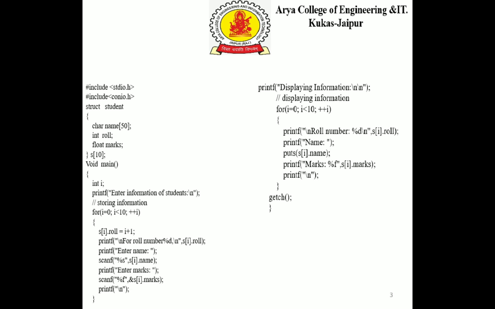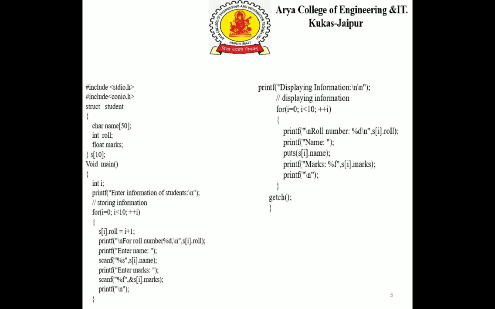In the for loop we are taking s[i].roll, which means when the i value is 0, s[0] is the first student. The dot should be kept there; dot roll number is the first student's roll number, that is i plus 1. Then in the printf statement we are printing the roll number. Then we give a message to the user: enter your name.